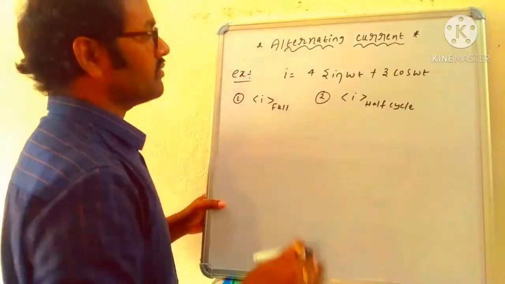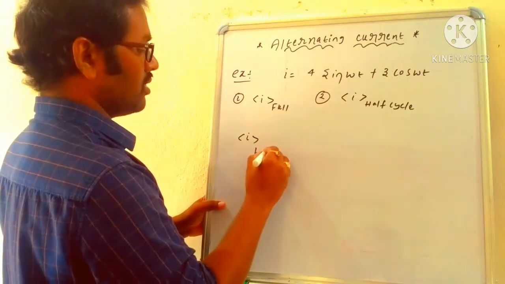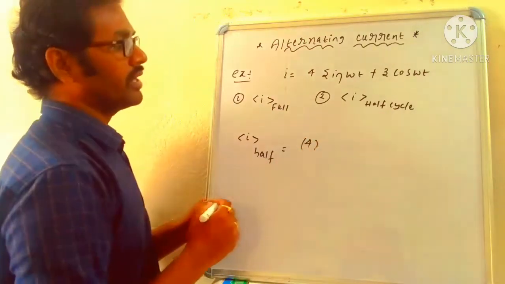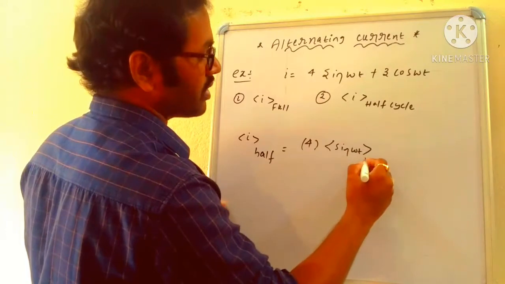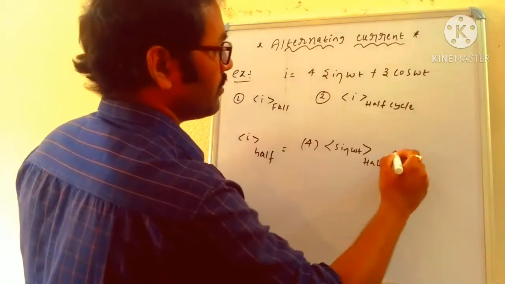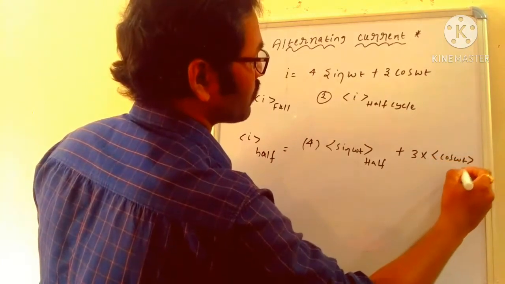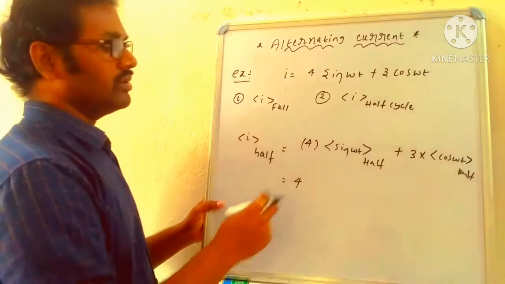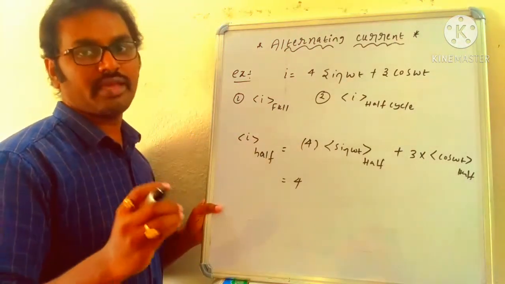To find the half cycle, so I average for half cycle is equal to, write the peak value 4 into the average value of sin omega t for the half cycle plus 3 into average value of cos omega t for the half cycle, which is equal to 4 into sin omega t average value for the half cycle.